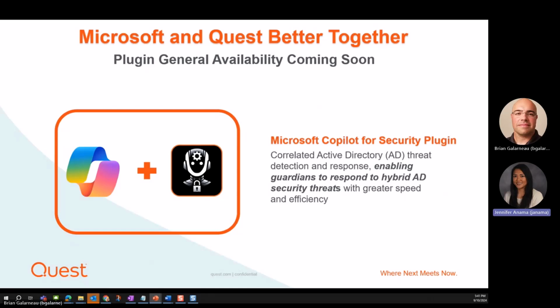This plugin is scheduled for general availability in fall of 2024. With this integration, we'll enhance forensic analysis and enable quick identification and mitigation of threats while proactively preventing future incidents. This Better Together plugin is centered around enhancing security and providing guidance specific to your organization's security.